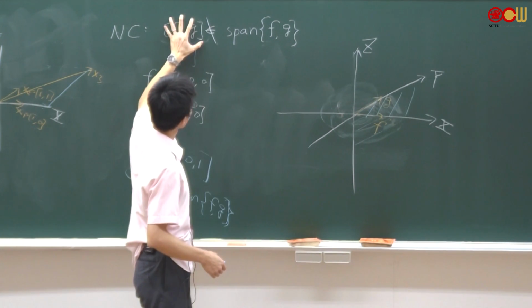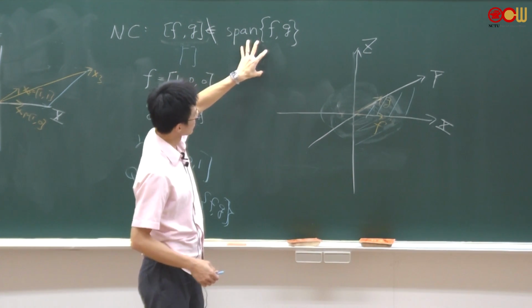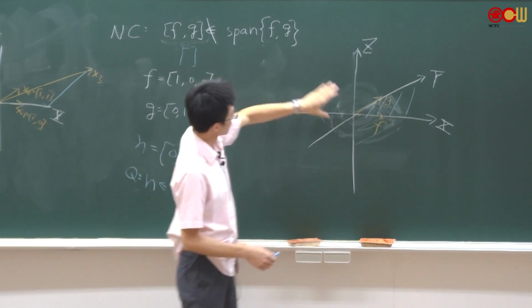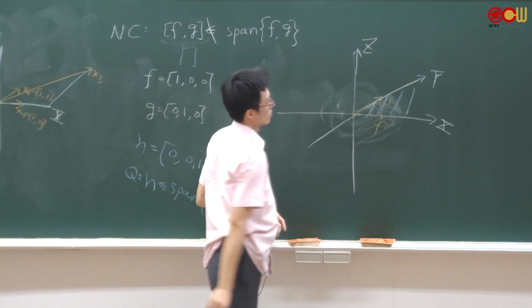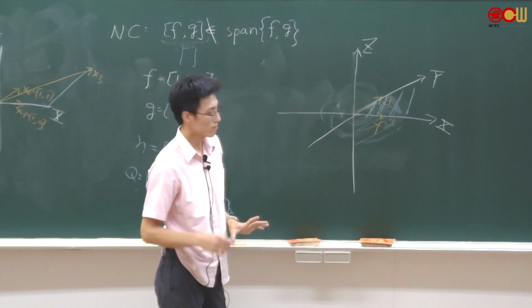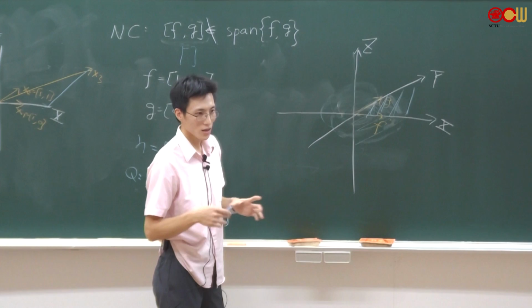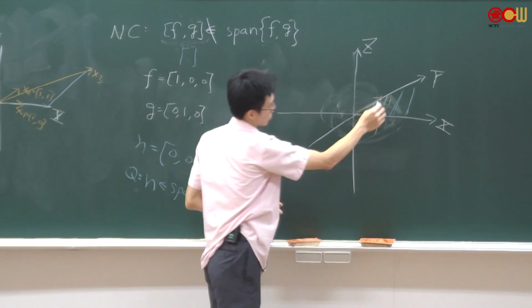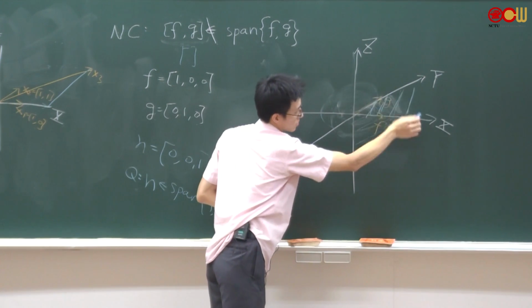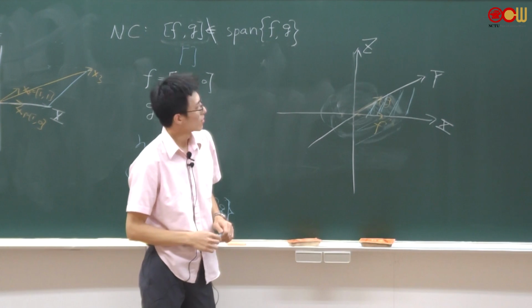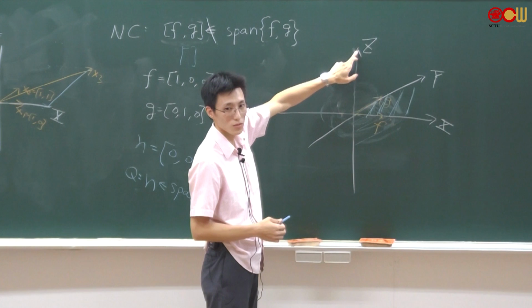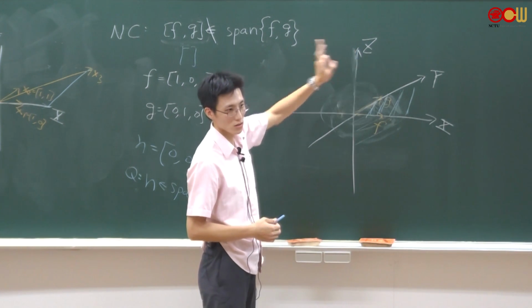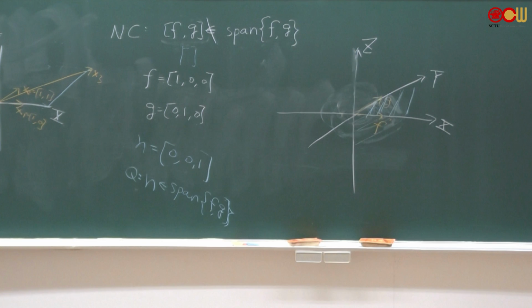So if your lie bracket is in the span of this, then it's possible that no matter how many combinations of your control input, that will still be in this 2D plane, right? And if your state that you want to control is in the Z direction, you will never be able to control. So it's a necessary condition. All these have been recorded, so we can go back to review several times.